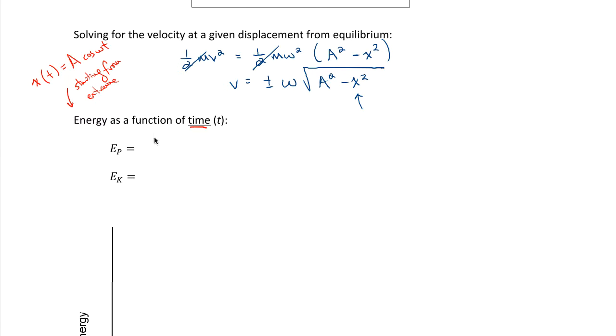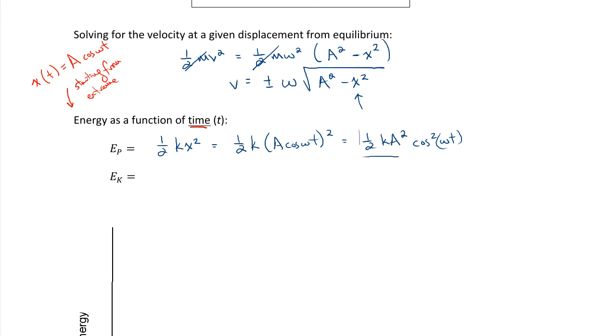So the potential energy we've seen is equal to 1/2 times k x squared, where x is the displacement from equilibrium. But x is equal to A cos omega t. So I can replace that. So I get 1/2 times k times (A cos omega t) all squared. And that is equal to 1/2 times k A squared times cos squared of omega t.